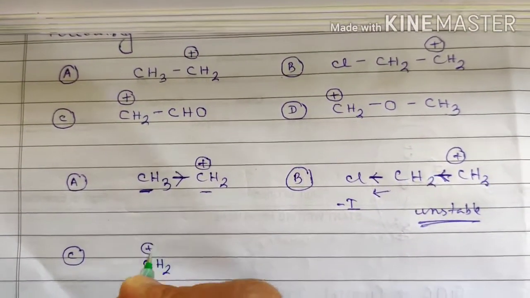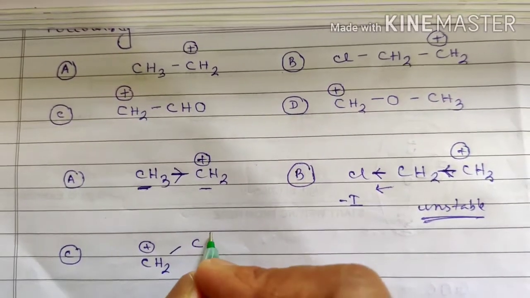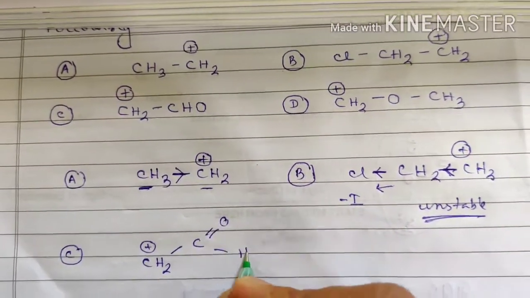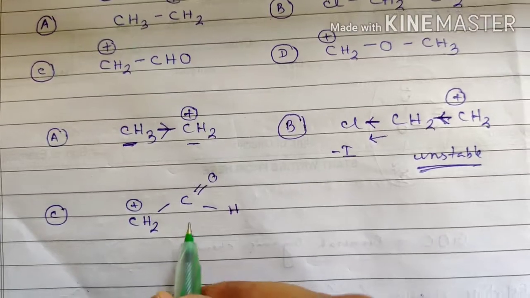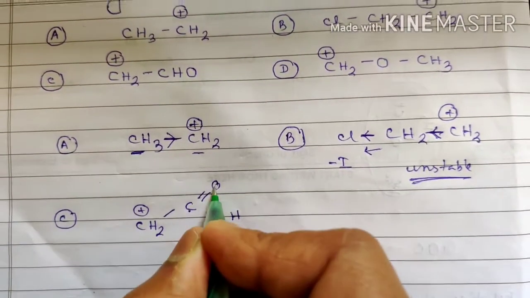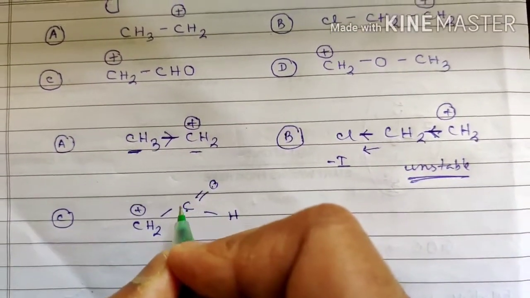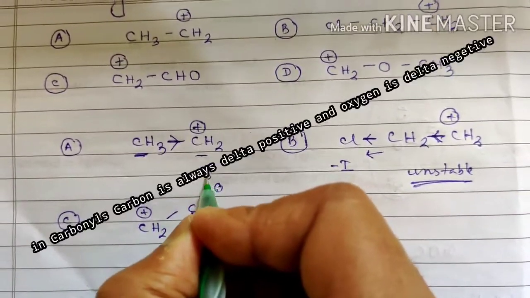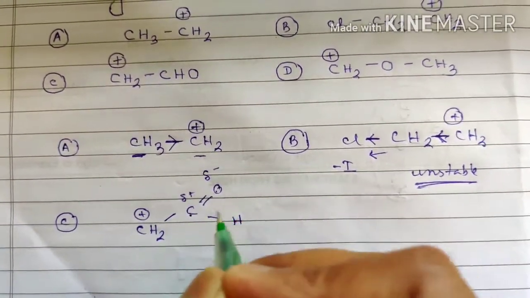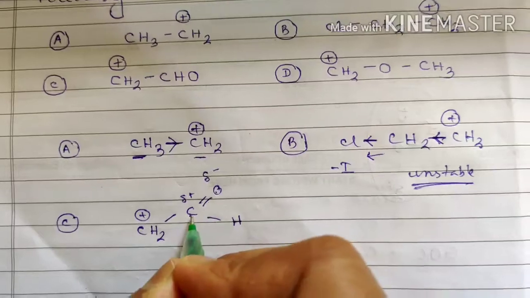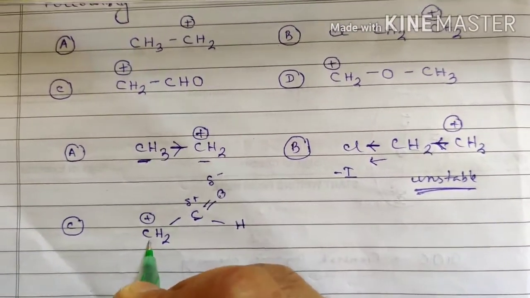See the third option, option C, CH2 plus, then C double bond O and H. Here, obviously between carbon and oxygen the electronegativity difference is huge, so there is delta minus and delta plus already. See, the two carbons are adjacent to each other.